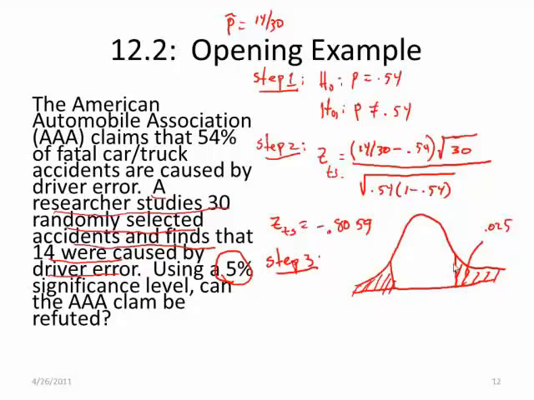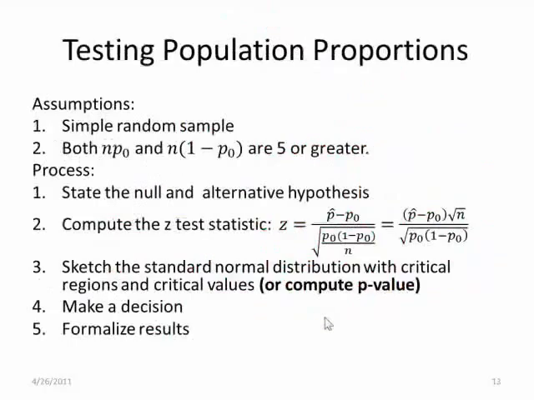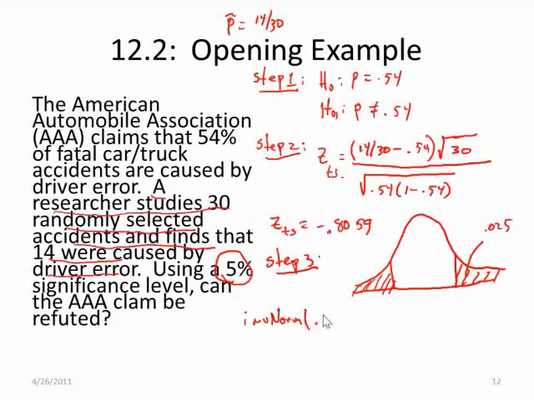To come up with our critical values, we can use inverse norm, putting the area in: 0.025, and this should come back and tell you negative 1.96. Since we have a two-tailed test, we have 1.96 and negative 1.96.